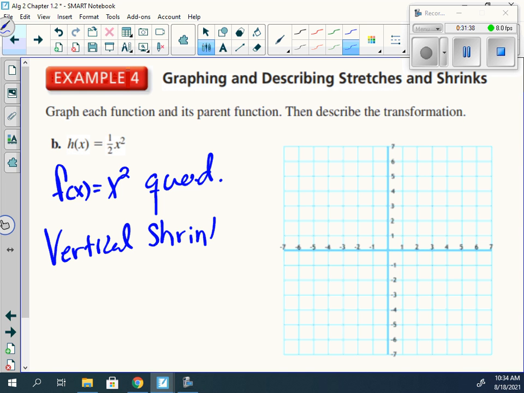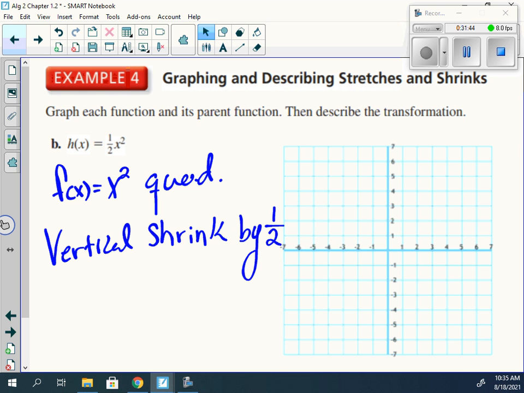Yes. By 1/2. So if the value of a is between 0 and 1, it is a vertical shrink. Any questions on this here?